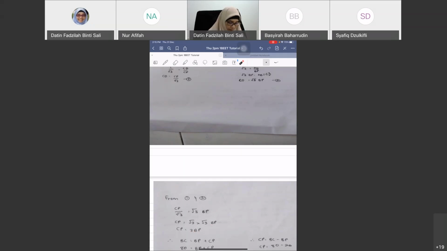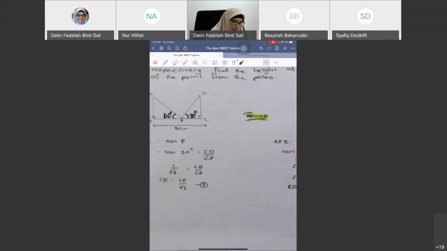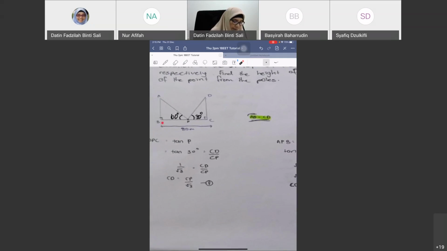But what is CP from the diagram? You will see here that BC itself is 80 meters. So if you know one distance here, you actually can compute another distance, because you know this is 80 meters.